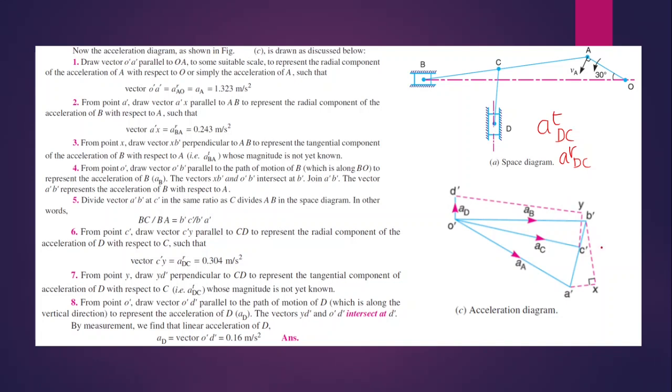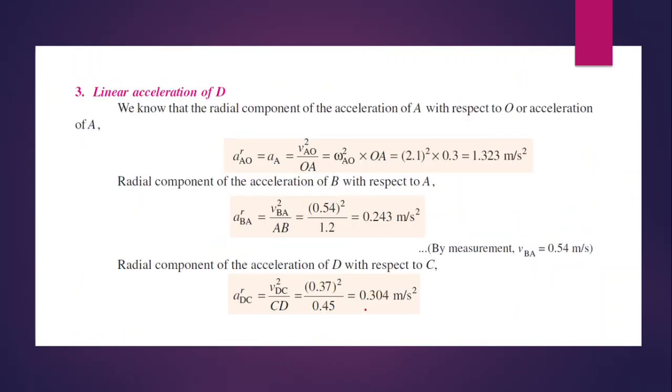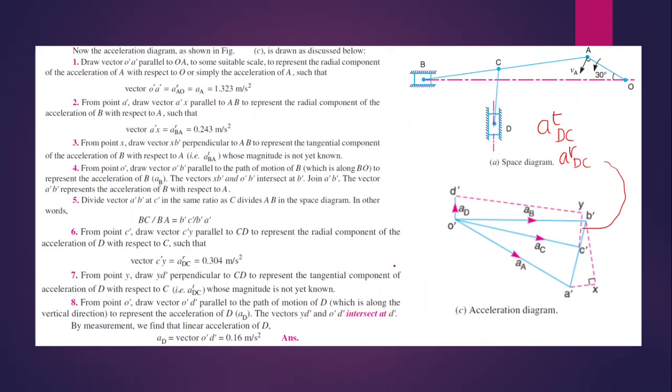Then we can draw a line c dash y which is parallel to link cd, and also having a length of the radial component of acceleration of d with respect to c, using any convenient scale.